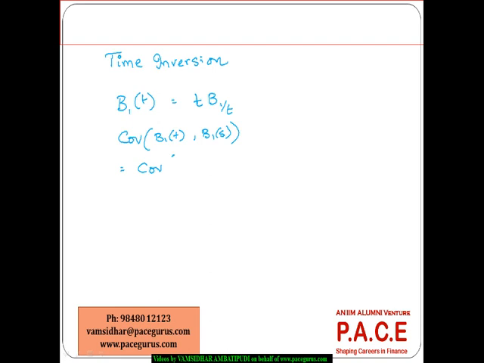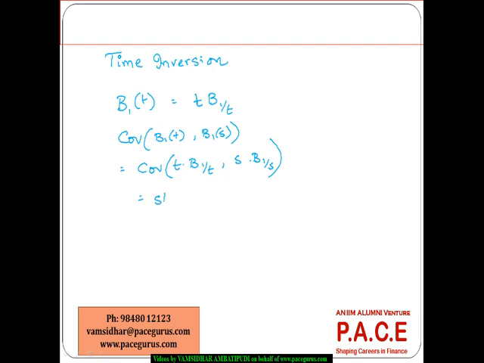Another important property that comes in this direction is the time inversion property. What it says is, if I am having some B1 of t, which is t times B of 1 by t, the same logic you will use: covariance of B1 of t comma B1 of s. Same logic, the covariance between t times B of 1 by t and s times B of 1 by s.